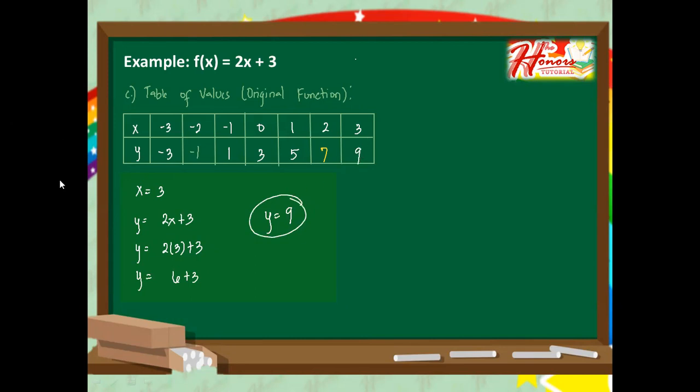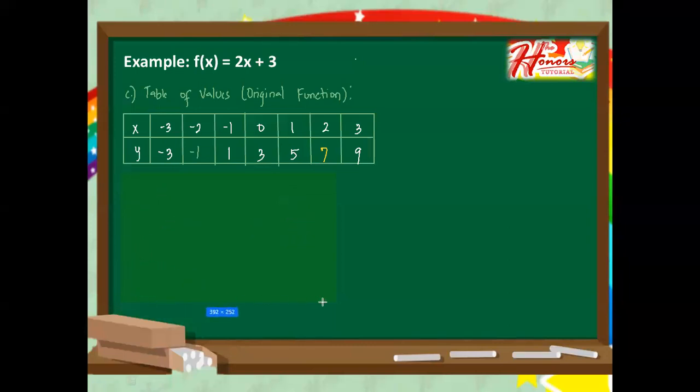So this is the table of values for the original function, but don't forget that we are also solving for the inverse function. But don't worry, because for the inverse function, let me just write table of values for inverse function.